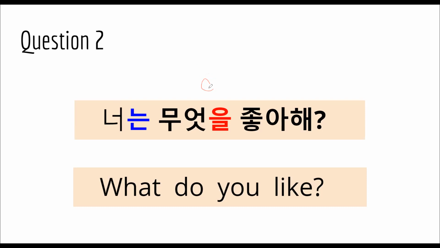So it ends in a consonant. Thus we use 을, the object particle, for when the previous letter ends in a consonant. In this case, it is 스. 좋아해 is the final word. In English, 너는 무엇을 좋아해 is what do you like.